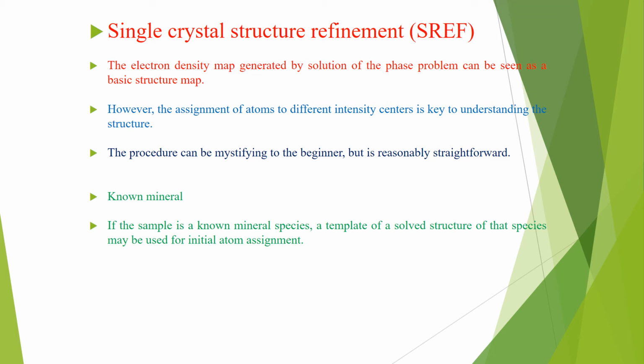There are two basic procedures for structure solution, which will be discussed below. One is known mineral. If the sample is a known mineral species, a template of a solved structure of that species may be used for initial atom assignment.